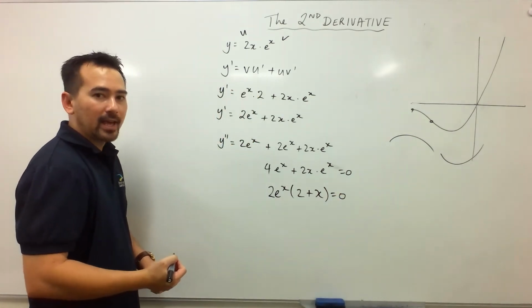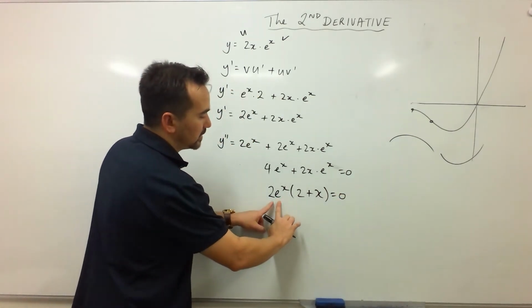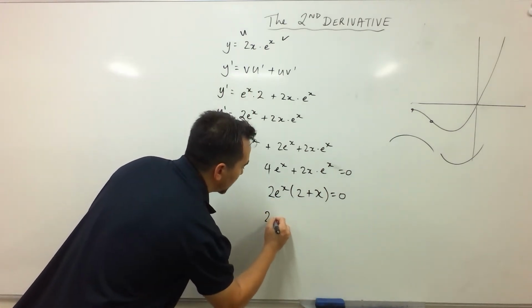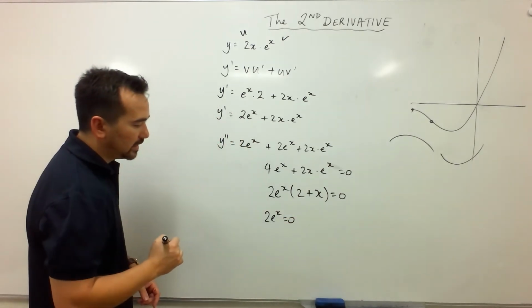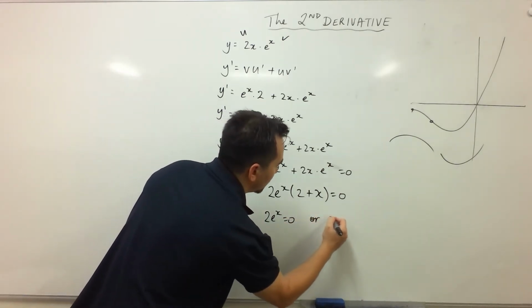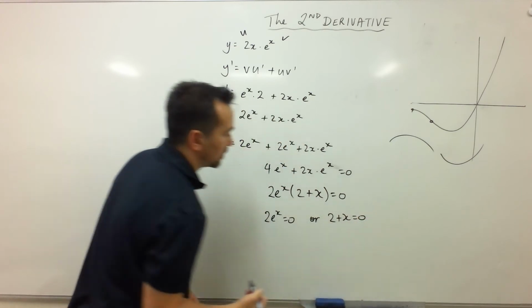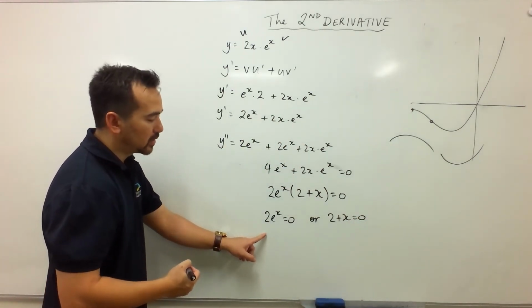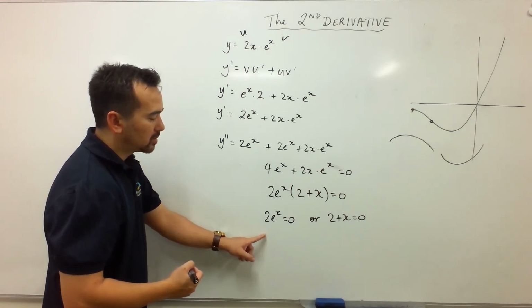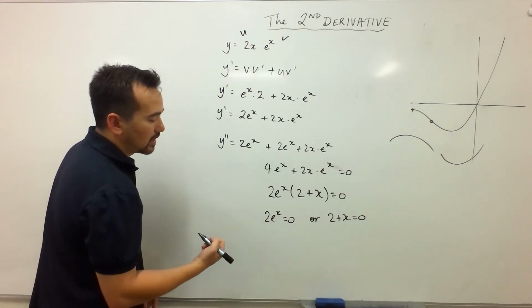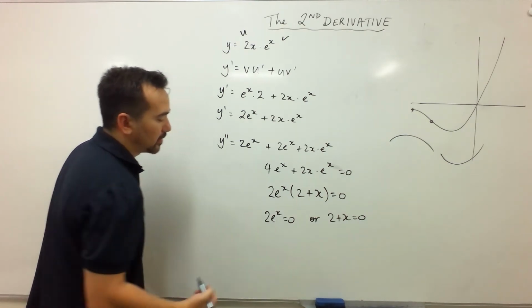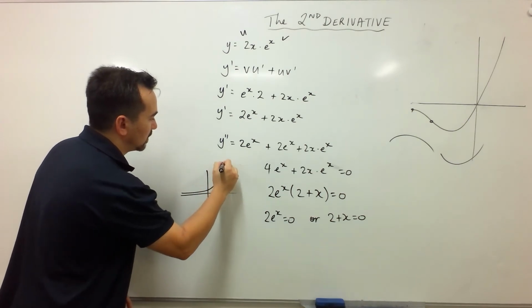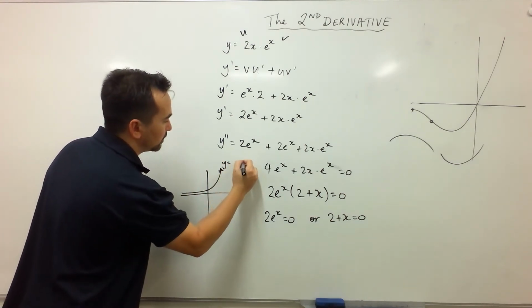All right. And the null factor law says this is equal to 0 or this is equal to 0. And so I'll write that. Either 2e to the x is equal to 0 or 2 plus x is equal to 0. And here, I hope you've realized that there is no solution here. There's no possible value for x that makes the left side equal to 0. And the graph of e to the x looks like this.